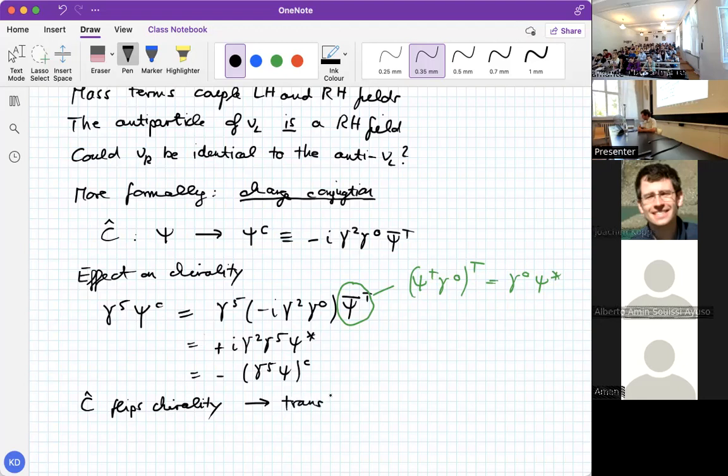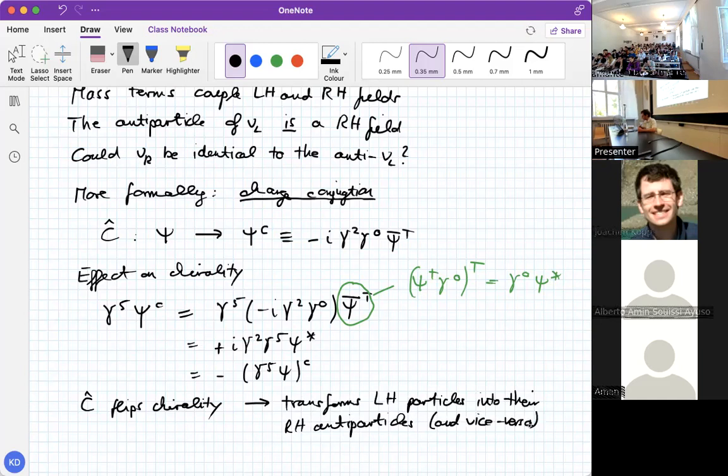So it transforms left-handed particles into their right-handed antiparticles and vice versa. So why have we done this?